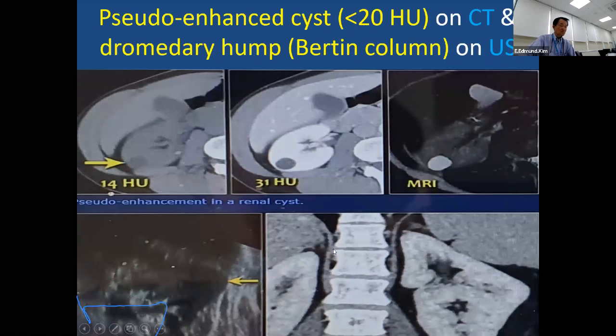A pseudo-cystic, well-defined lesion with contrast looks very much like a cyst. Sometimes that's called the column of Bertini. That's a sort of anatomical variation, a hump in the cortex. This looks more inside, but actually it's a hump usually arising from the cortex, like bumpy things.